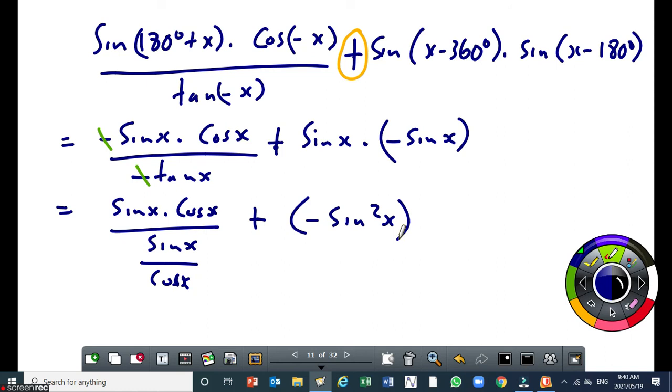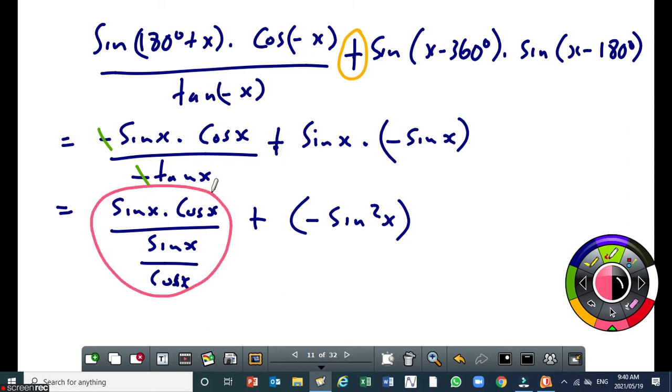Okay, but here I'm just simplifying. Sine x times minus sine x gives you negative sine squared x. Alright, let me get on to the next step. The next step is to simplify this part.